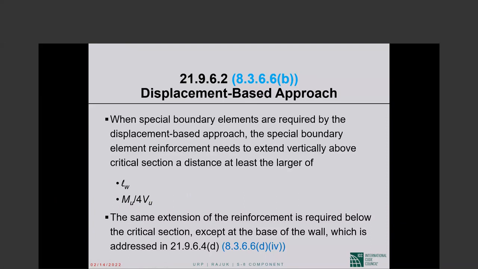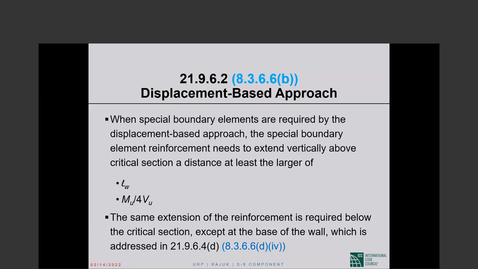Now, this is from the critical section up. Below the critical section, if this shear wall sits on another structural member, you will go the same distance into that supporting structural member.